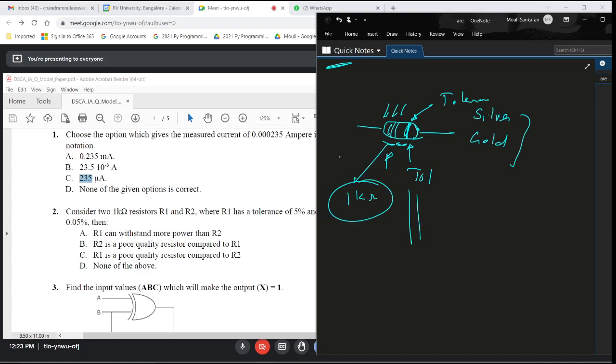Among the many 1K resistors that we have used in our project, in our lab, not all of them have the same values, right? Because of manufacturing differences and the material that goes in, there will be some differences in the values that you really measure. So from the given value, as per the color coding, how much it can vary, plus or minus percentage, is the tolerance level.